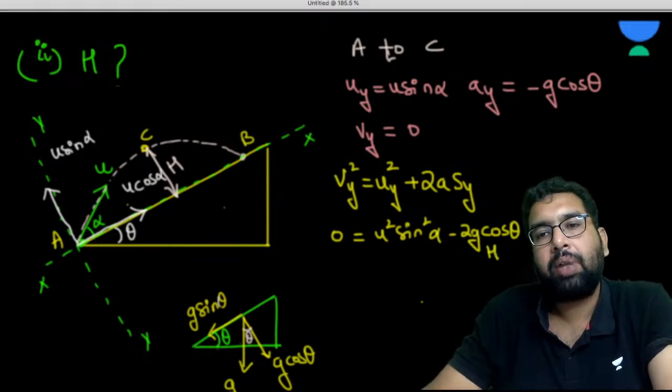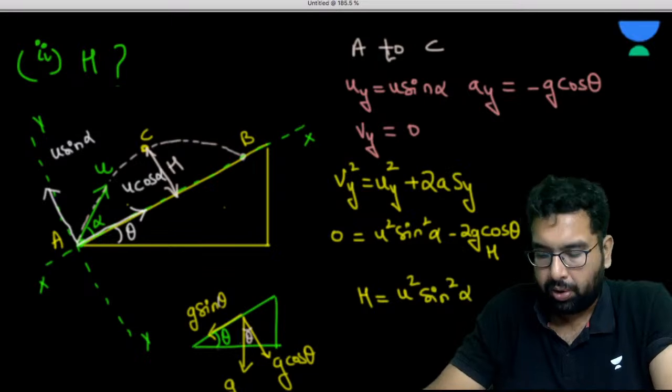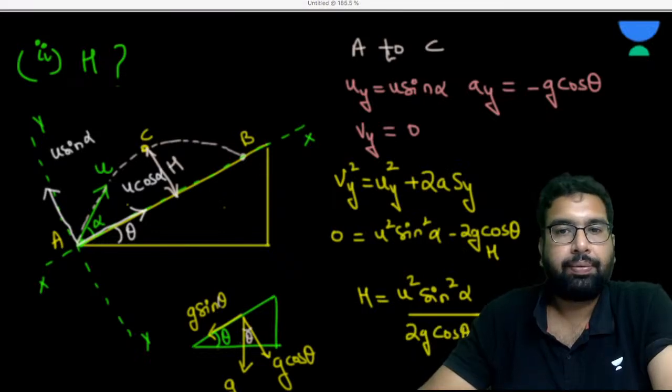So from here we'll get h is equal to u square sine square alpha upon 2g cos theta, isn't it? Right? Okay.